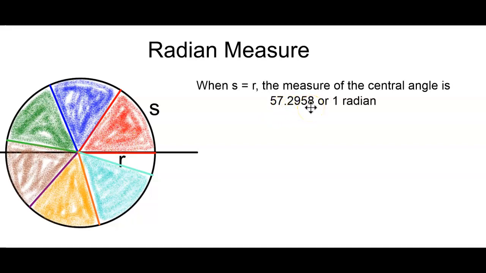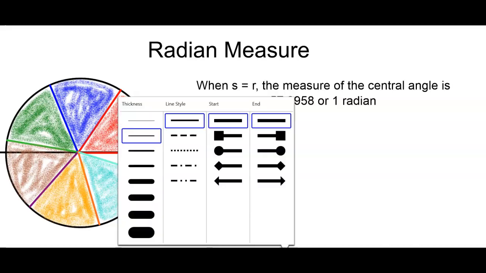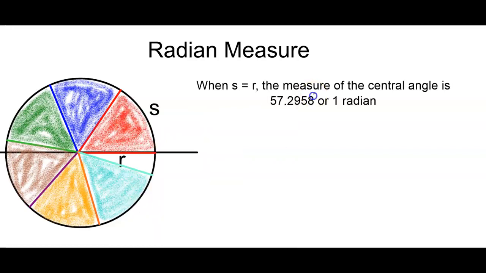So no matter how big or small your circle is, if the radius equals the arc that's intercepted by that angle, then that angle is 57.2958 degrees. So someone just came along and gave it a name and called it a radian.